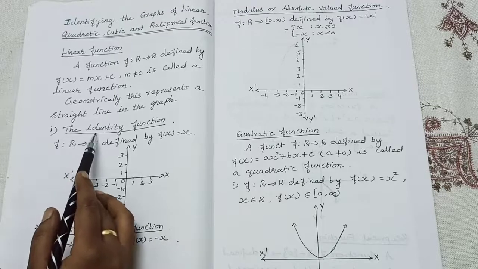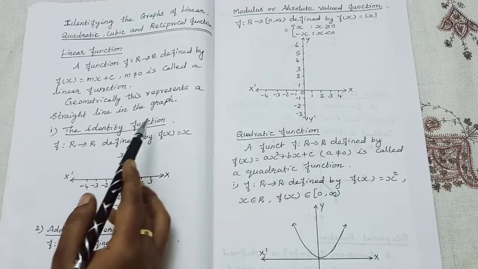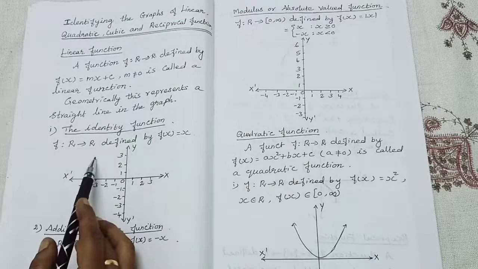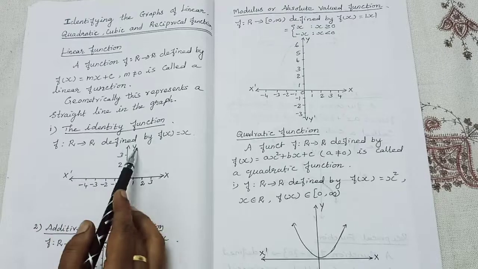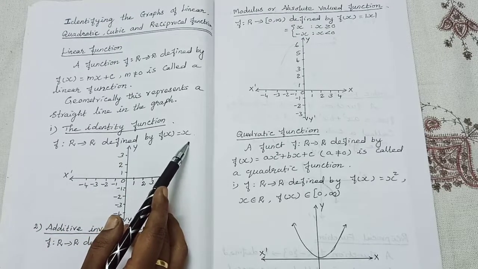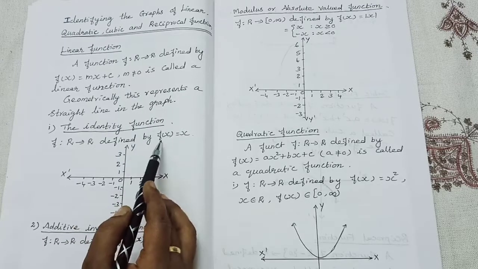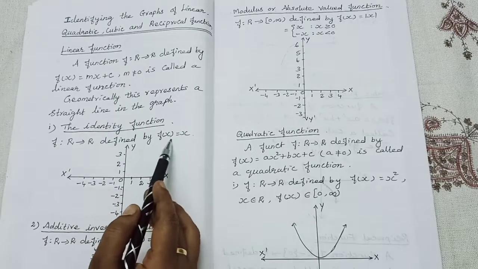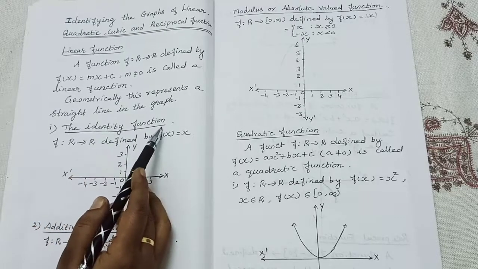Then identity function. How do we say identity function from here? f from R to R, f of x is equal to x. f of x is equal to x. This is a linear function, isn't it? This one is also a linear function, but this is the identity function.